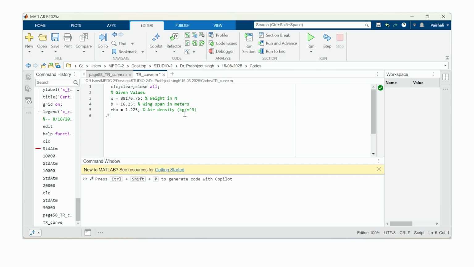Then what else is given? Area, S equals 29.54, this is the wing area. Let me give some space over here so that it looks better.